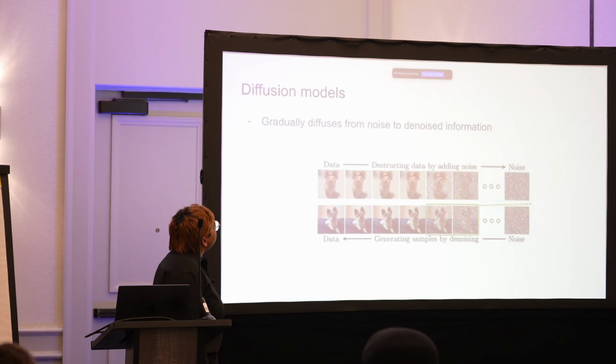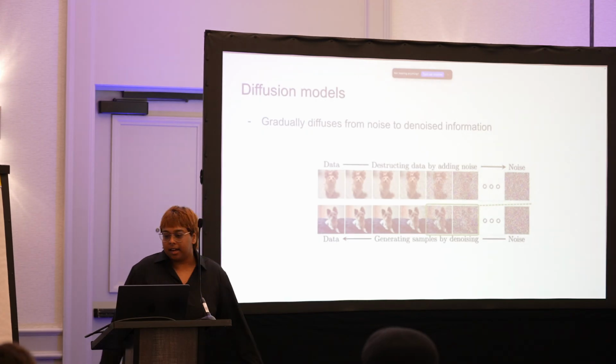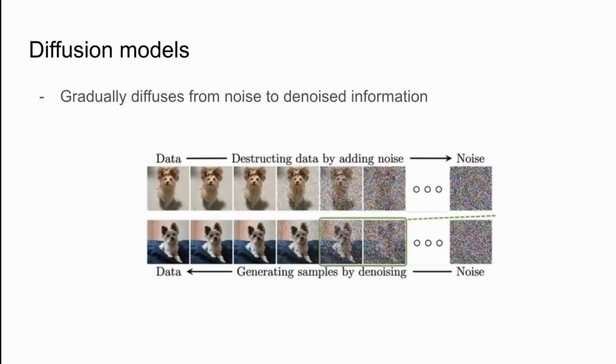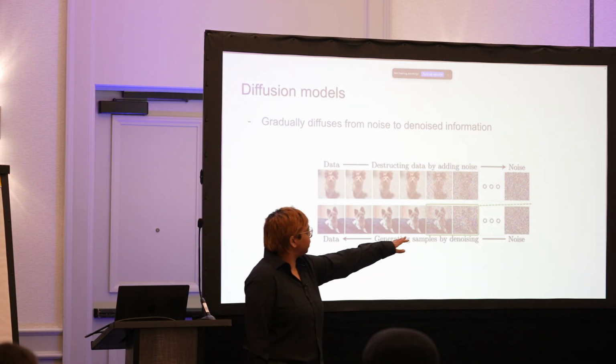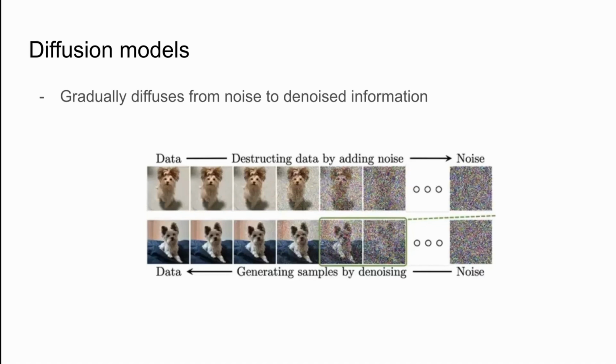And then finally, I'm going to talk about diffusion models. These are models that learn to interpolate between a data distribution and noise. So in this case, your data distribution is dog pictures. You take your data and add noise to it until the distribution becomes complete noise. And then to train your model, you take the noising trajectories and train it to go from the noisy picture to the original picture.